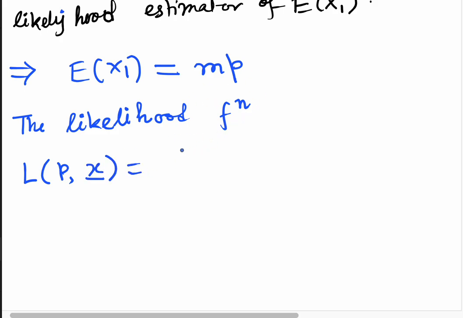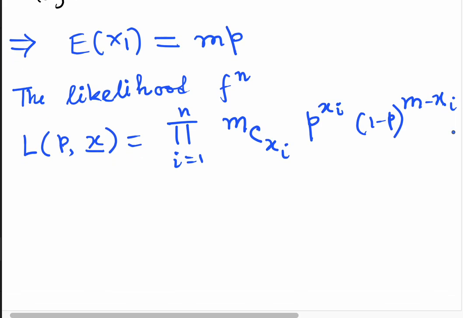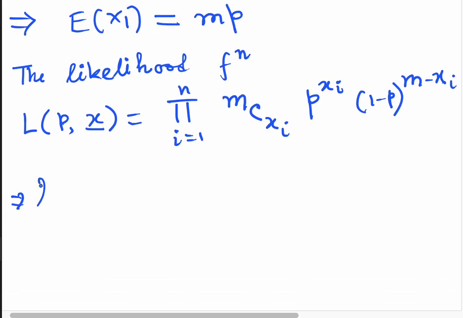So this is nothing but the product over i equal to 1 to n of mC xi p to the power xi (1 minus p) to the power m minus xi.